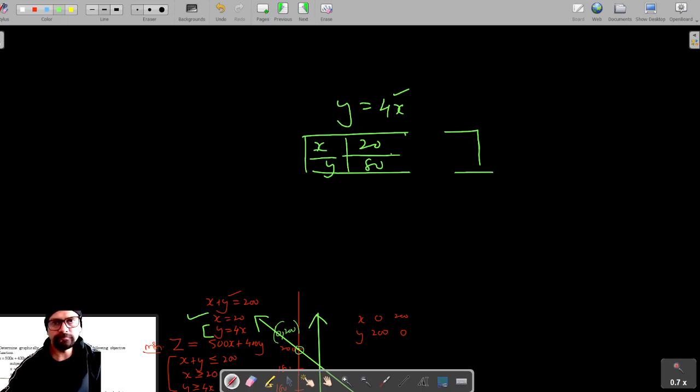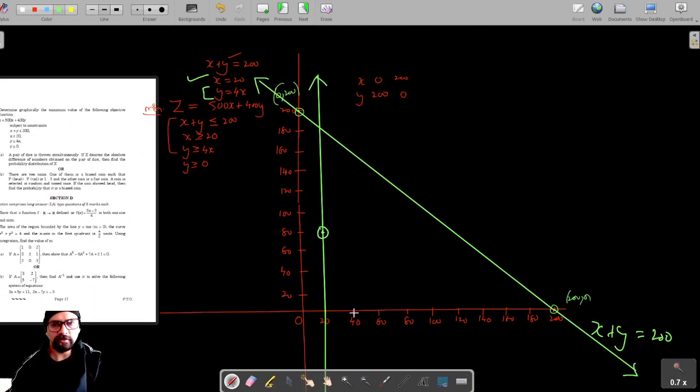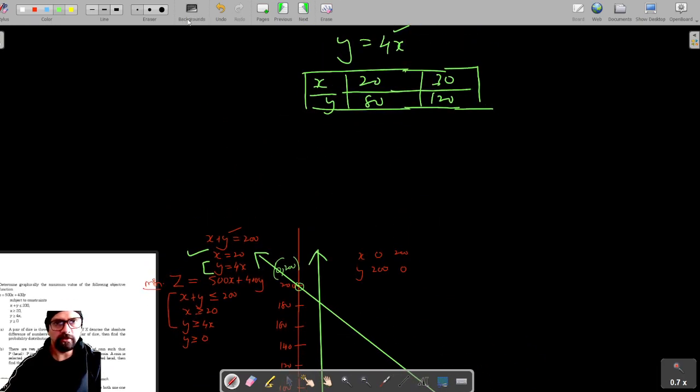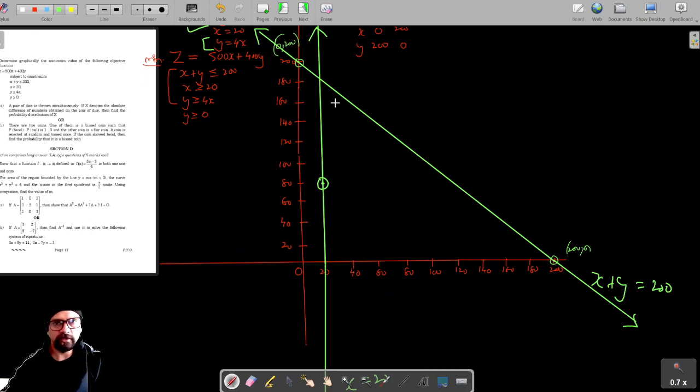When x is 30, y is 120. Or we can also take x is 40, so this will give me y is 160. So it's 40 and 160 is here. So this line goes through.